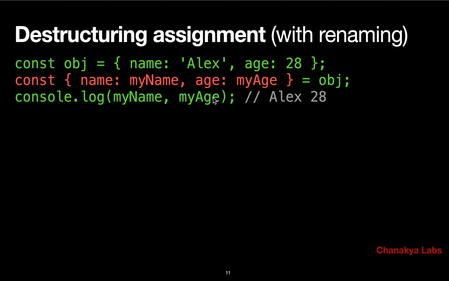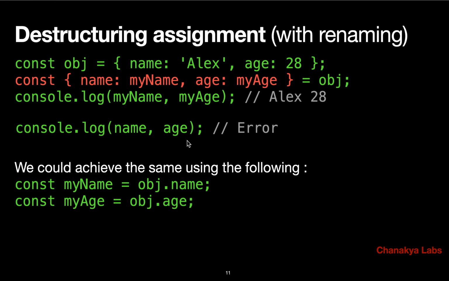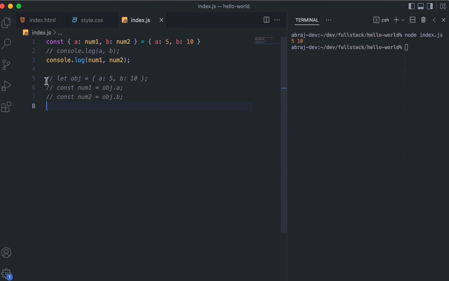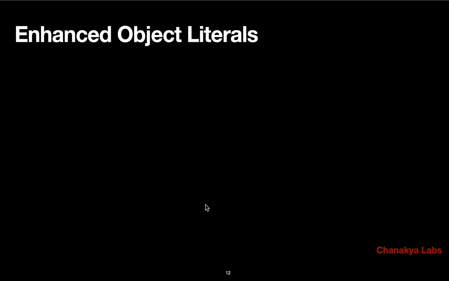So this is the shortest syntax which you can use. And again, as mentioned, you cannot directly use these variables because they are not defined at all. The value of obj.name is now defined as myName and myAge, not as name or age, so if you try to access those it will give you an error. And moreover, whatever we are trying to do, as we mentioned here, we could have done in a verbose syntax, something like this also. That will also work fine.